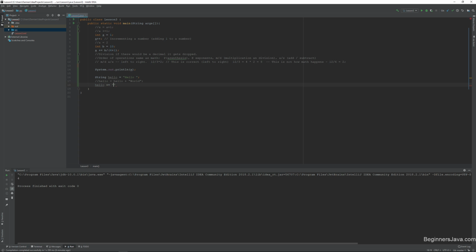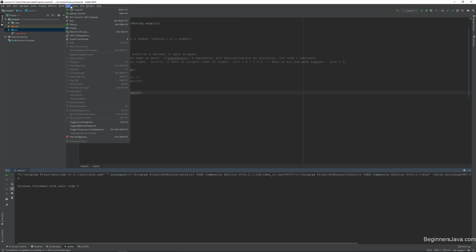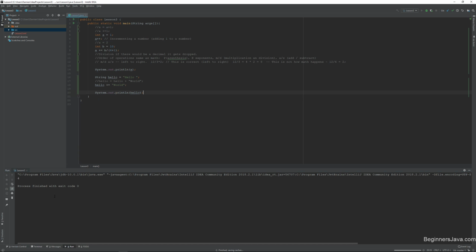Hello plus equals world, just like that. And these two lines are exactly the same thing. It's just a lot simpler to type plus equals, especially since plus and equals are on keys right next to each other, so it's very efficient for typing. Okay, and so then when we do a system.out.println, we do hello, it does, again, exactly what you think it does, and it prints out hello world.